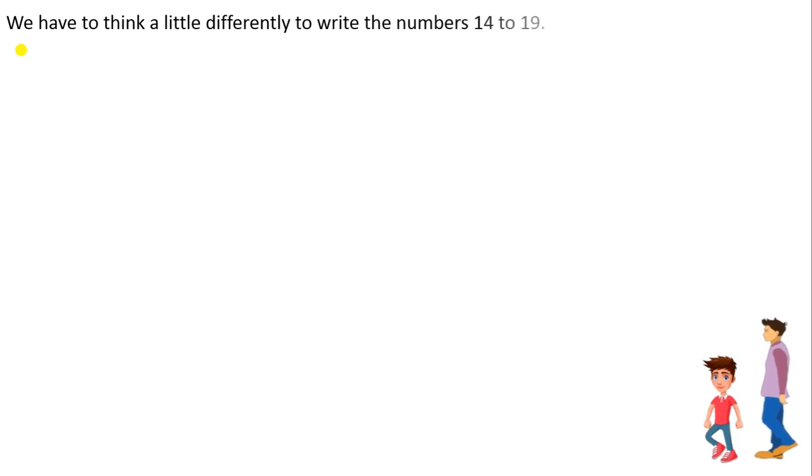Teacher, how can we use Roman numerals for the numbers from 14 to 19? See, Rahul, let us see number 14. We can write 14 as 10 plus 1 plus 1 plus 1 plus 1, that is 10 plus 4 times 1.